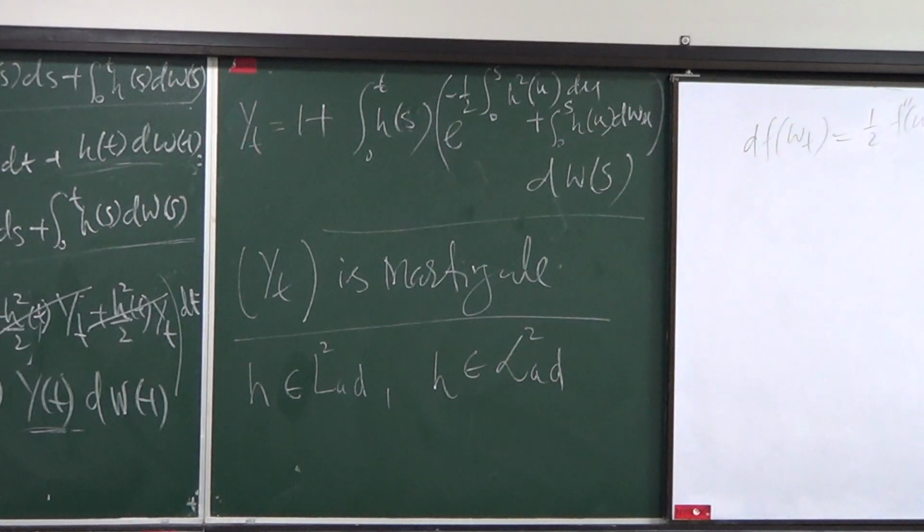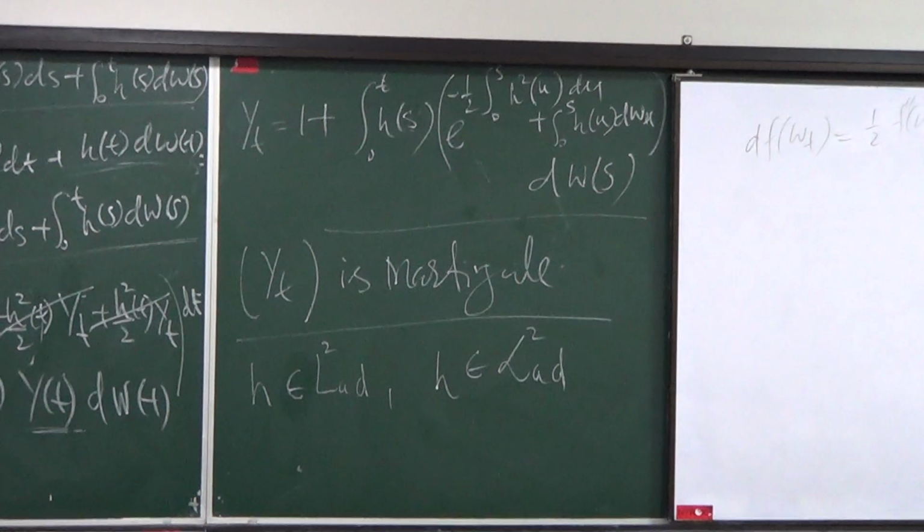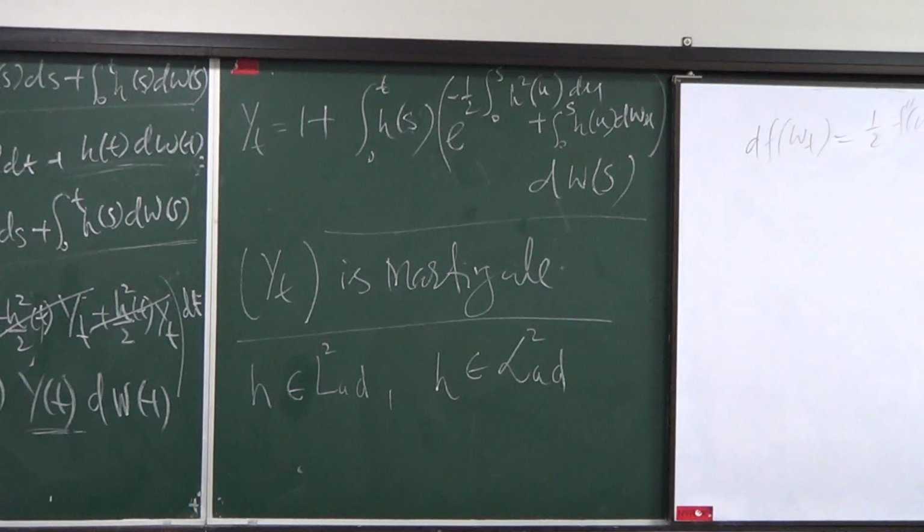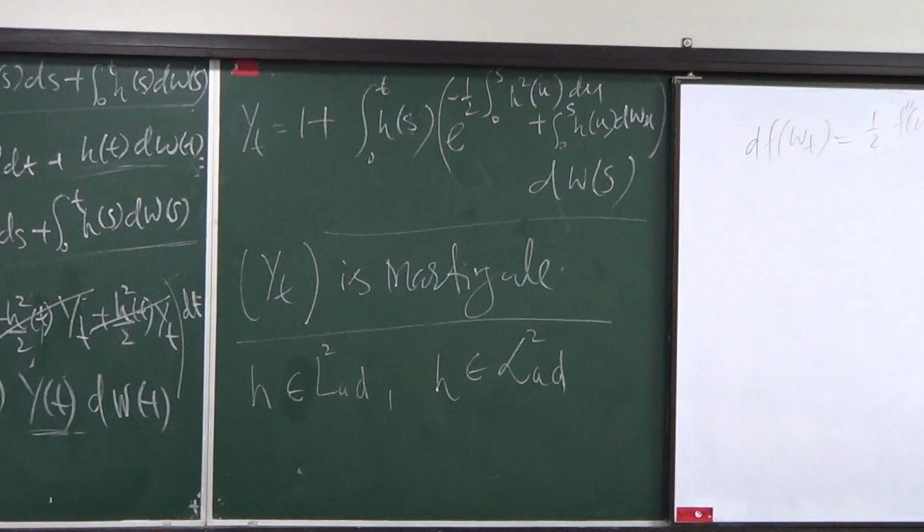Yes, it's trivial when h is deterministic. But if h is from L2AD, then it would be a bit trickier. Why? For L2AD, I know that this is finite, so the expectation of the square of the integral is finite.